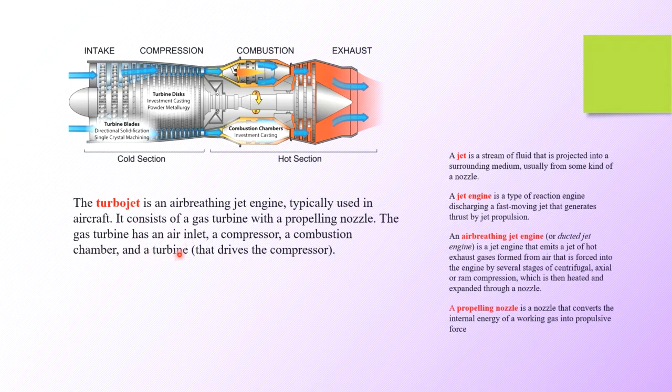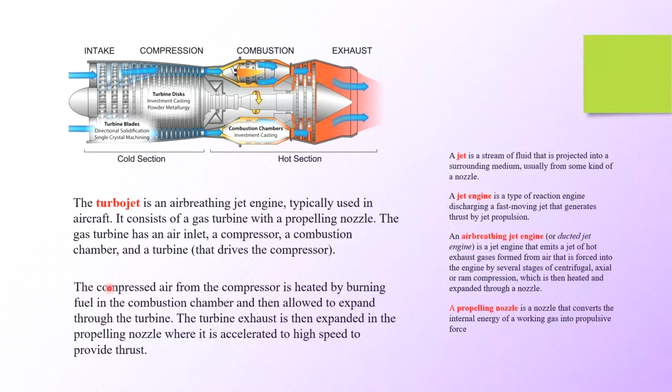The turbine work output in return is used to drive the compressor. So the net work output must be greater than the work input. The compressed air from the compressor is heated by burning fuel in the combustion chamber and then allowed to expand through the turbine.